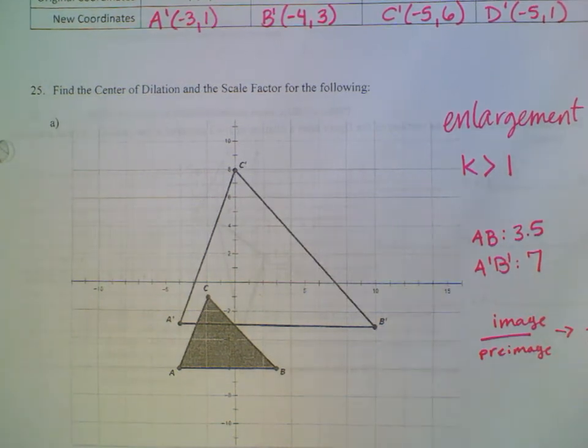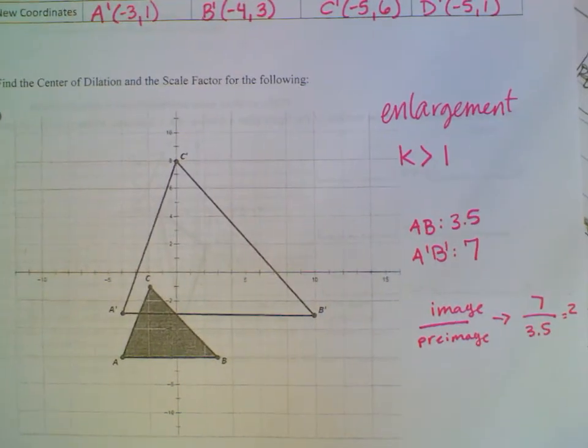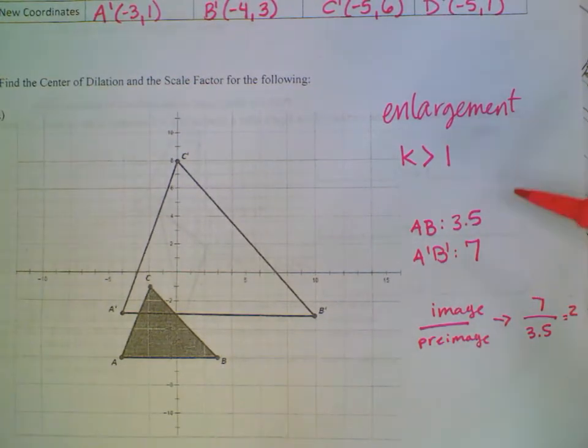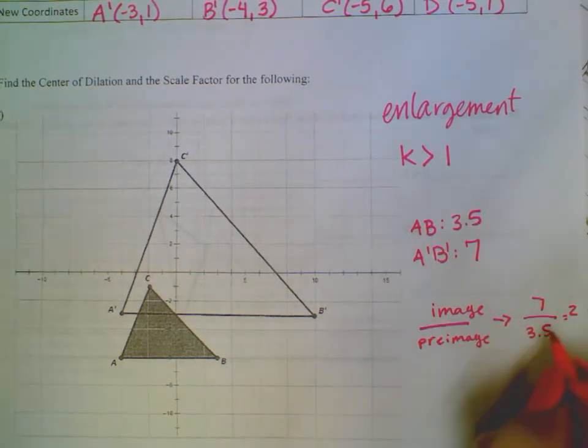If you had instead thought, okay, it's going to be 3.5 over 7, when you simplify that down, that becomes 1/2, which is not greater than 1. So figuring out if it's an enlargement or a reduction first is going to help you make sure that you set up your proportion correctly. So my scale factor is 2.